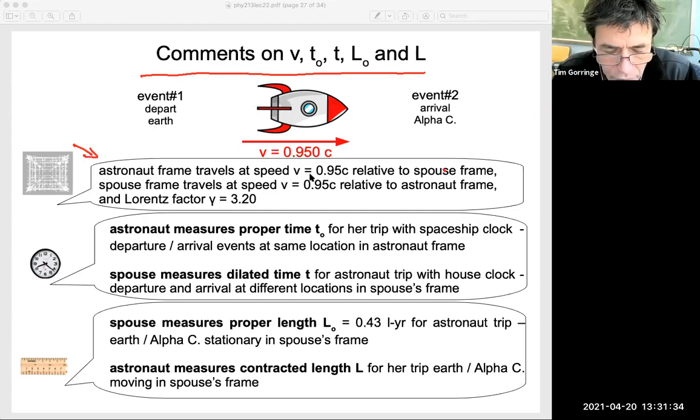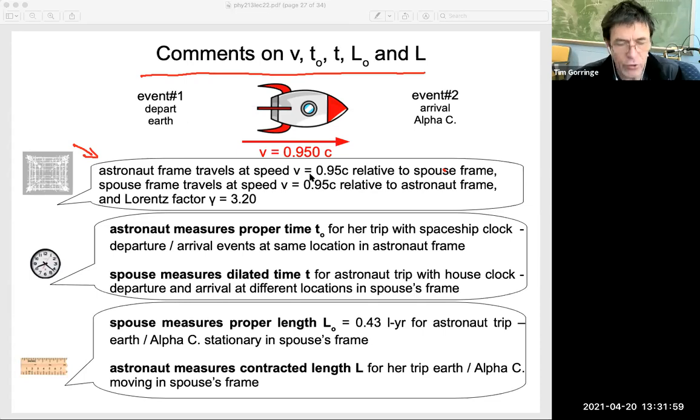So we were told that the astronaut is traveling at 95% of the speed of light. In the Earth reference frame, my reference frame as the spouse, I'm seeing the astronaut and the astronaut's reference frame travel at 95% of the speed of light towards the right.